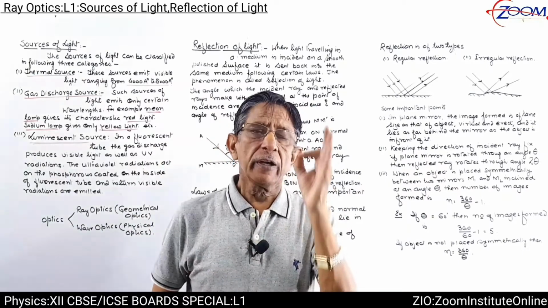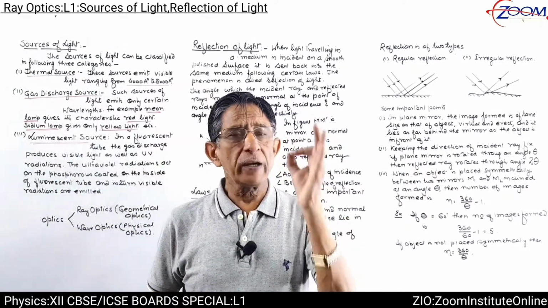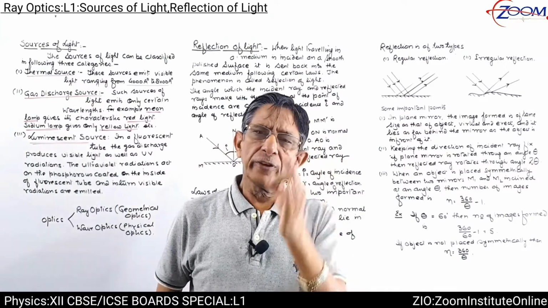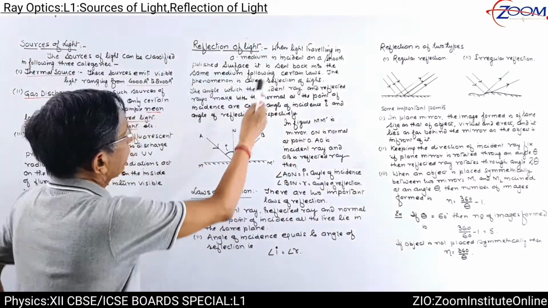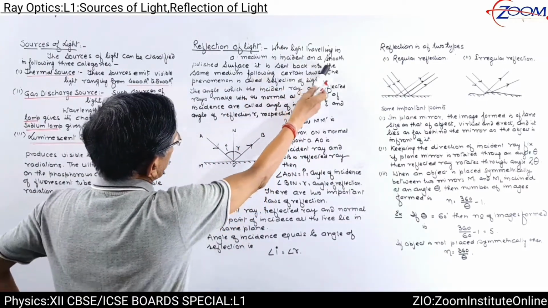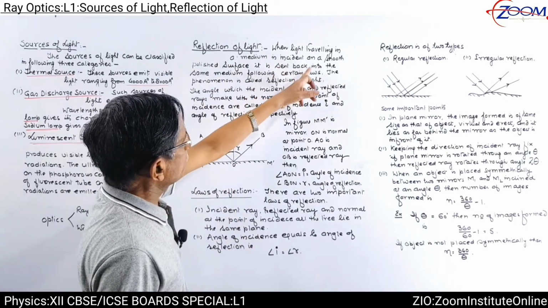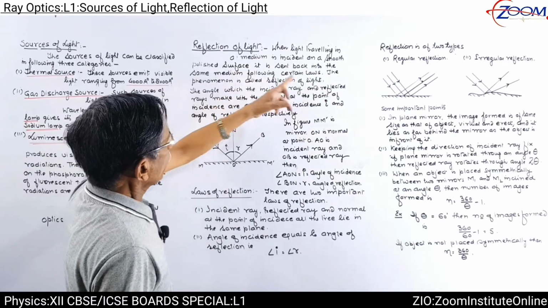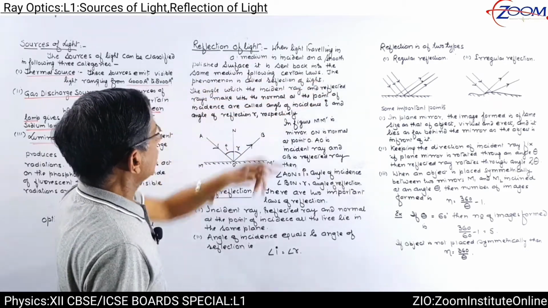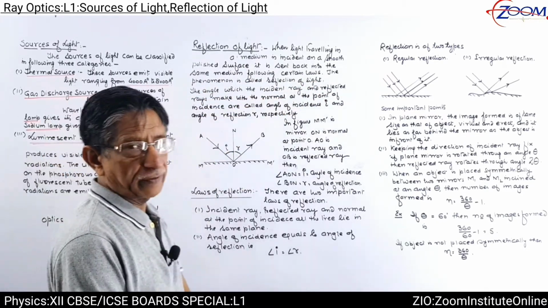So, reflection is the phenomenon of bouncing back of a ray of light in the same medium. When light traveling in a medium is incident on a smooth polished surface, it is sent back into the same medium following certain laws. The phenomenon is called reflection of light.